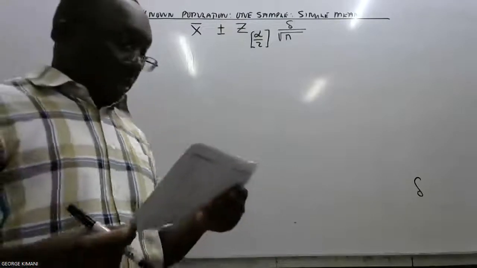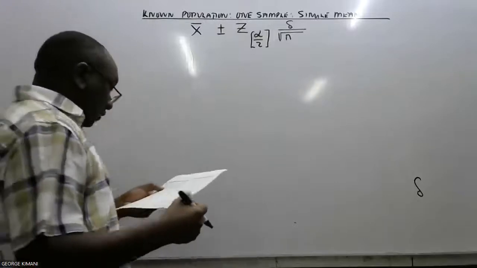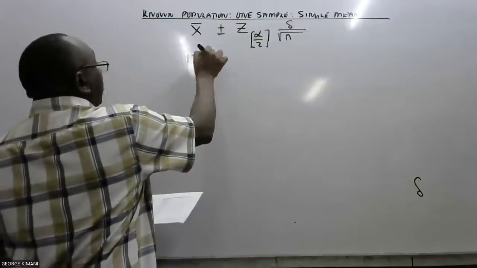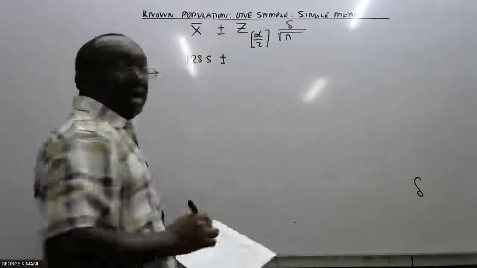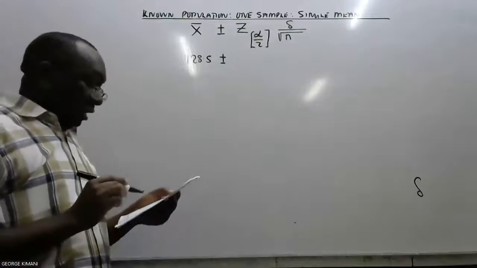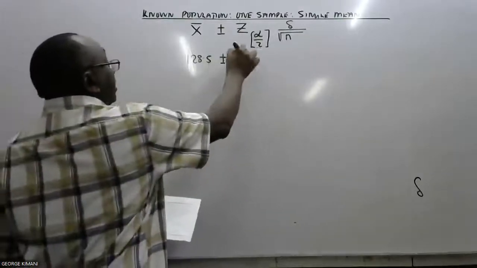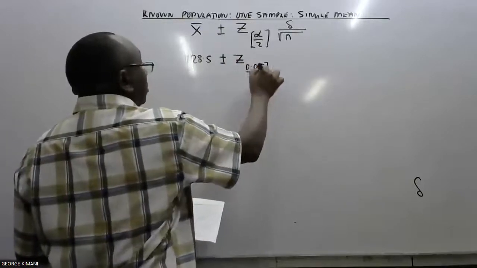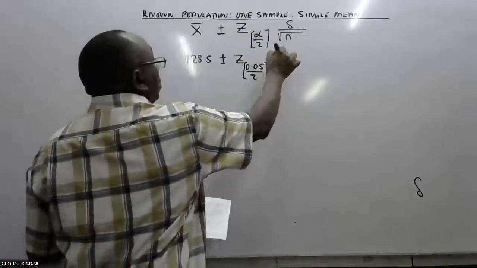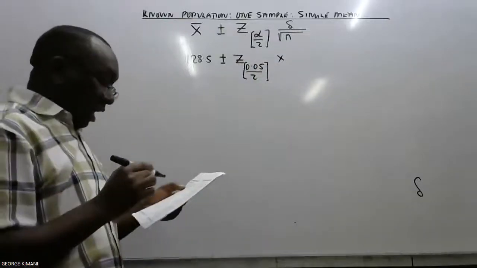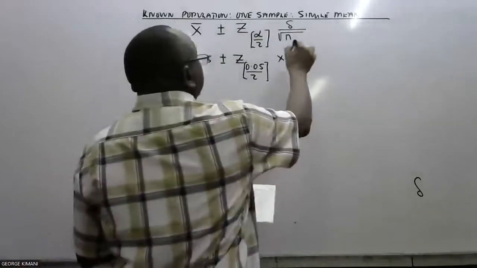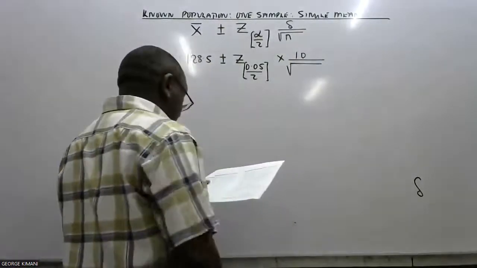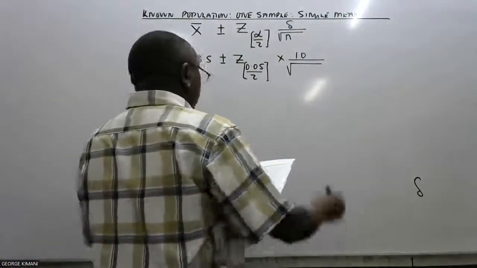So in this question, the mean of the sample is 128.5. So plus or minus Z at 0.05 out of 2. Multiply by the standard deviation. The standard deviation is 10, which is divided by the root of n, which is 50.